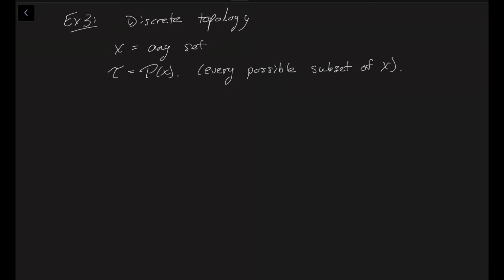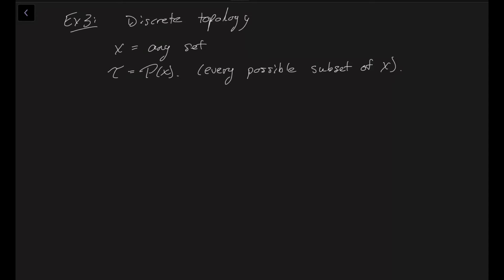But X and the empty set are subsets of X, so that checks off box 1. To see that arbitrary unions are in there, if we take any combination of subsets of X, we have another subset of X. So box 2, checked.